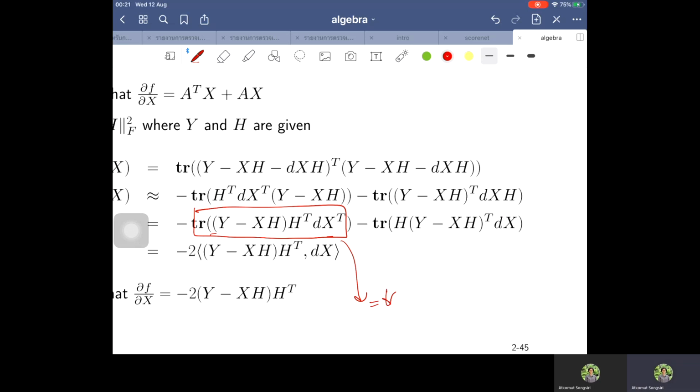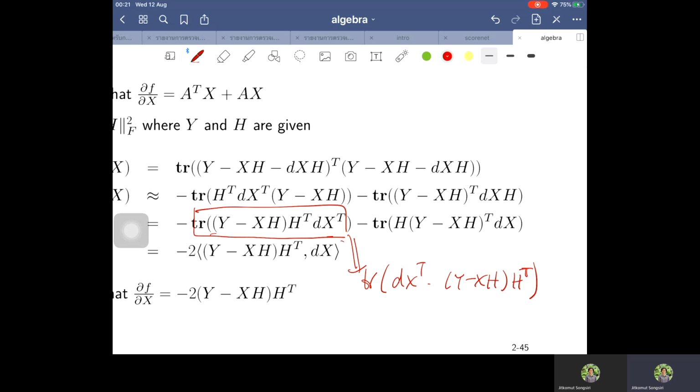also equal to the trace of, if you transpose the whole thing, it would be the xh y minus, hold on, okay, sorry, never mind. So this guy, if you take a look at it, it looks like you take the trace of dx transpose and again y minus xh h transpose.